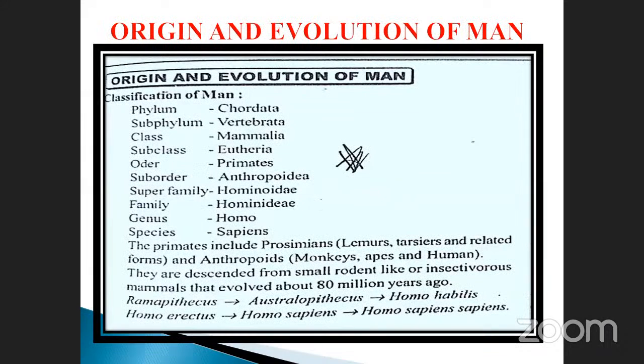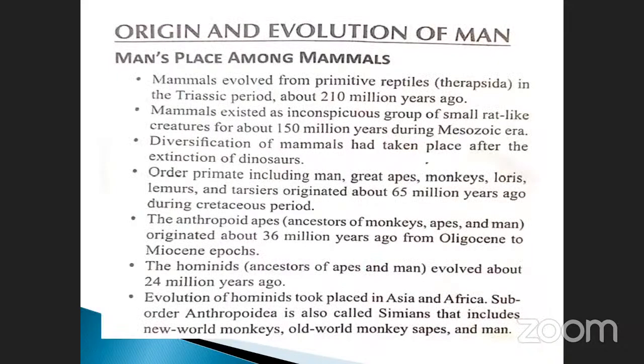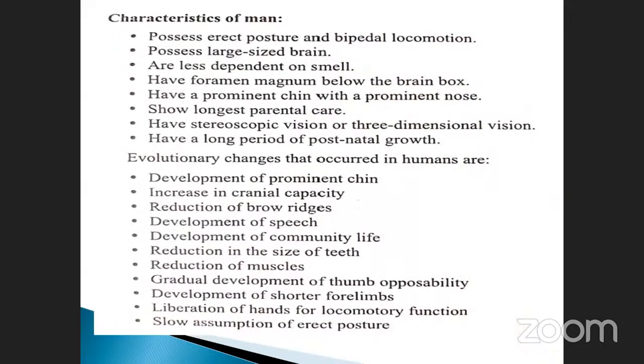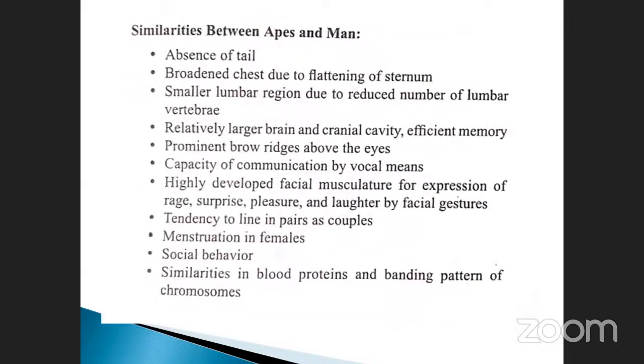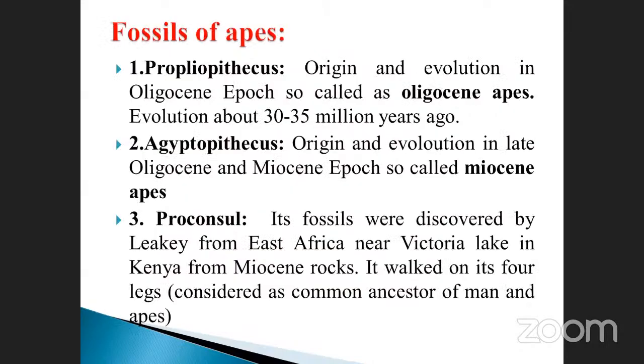Classification of man: Ramapithecus, Australopithecus, Homo habilis, Homo erectus, hominids, and Homo sapiens. Origin and evolution, man's place among the mammals, the general and evolutionary characters of man, and similarities between apes and man.